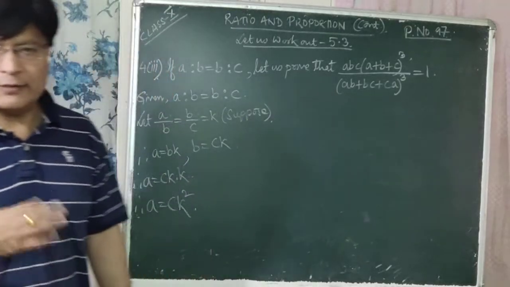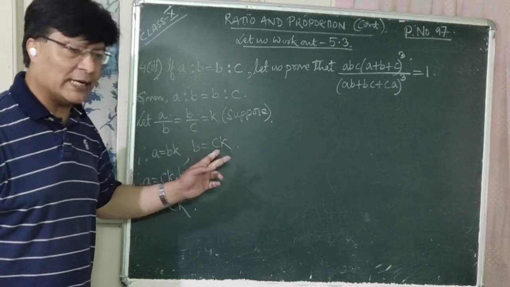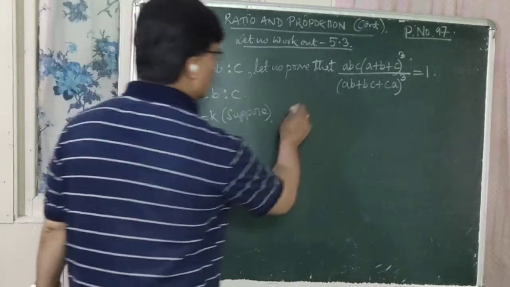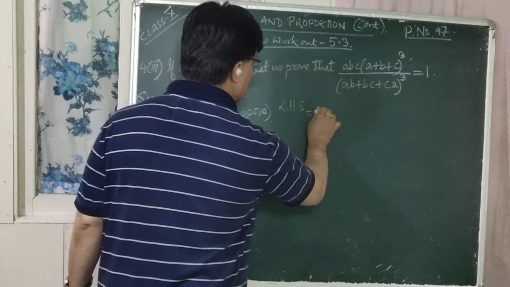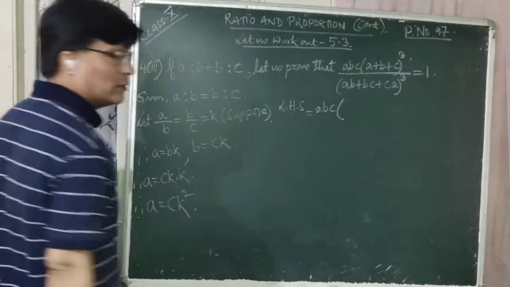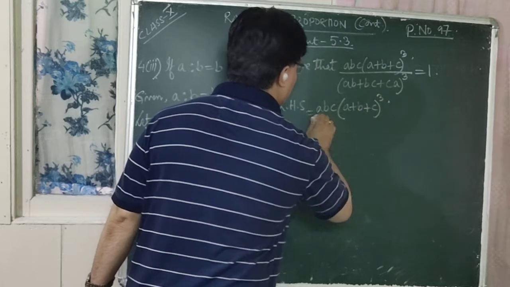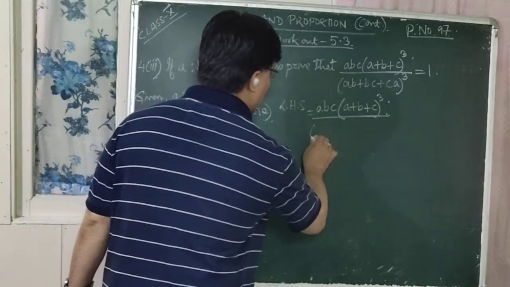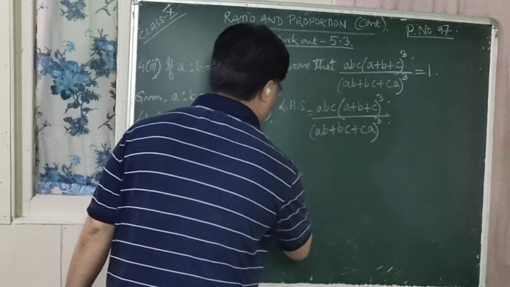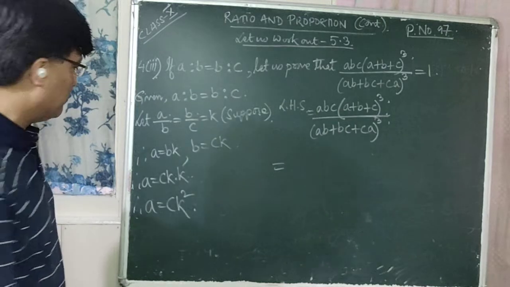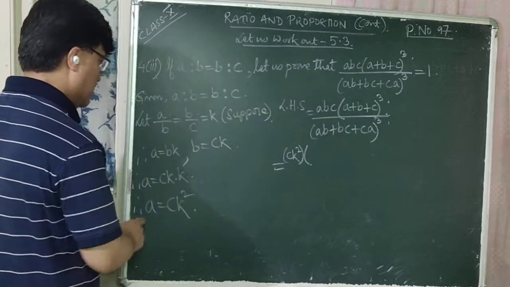Now, wherever there is A, we can put CK square instead of A, and we can put CK instead of B. So, you prove now LHS is equal to RHS. So, LHS is equal to ABC within bracket, what do we have here? (A plus B plus C) whole cube divided by (AB plus BC plus CA) whole cube. Now let us put the values of A and B. What is A? It is CK square. What is B?